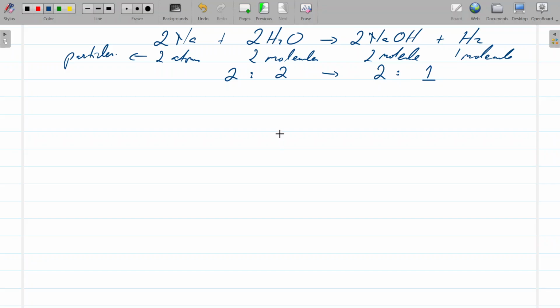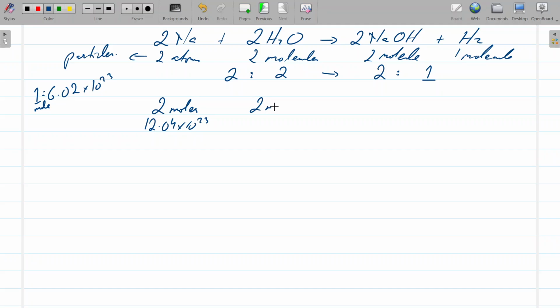I can by extension say that there are 2 moles of sodium. Why? Because 1 mole has 6.02 into 10 to the power 23. So 2 moles means 12.04 into 10 to the power 23 particles.